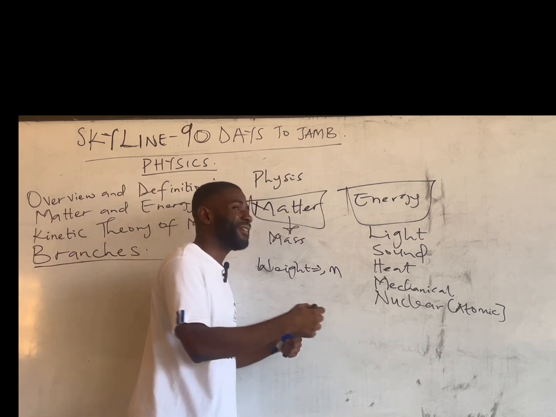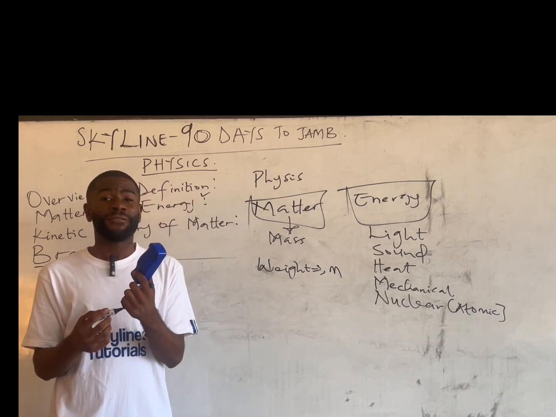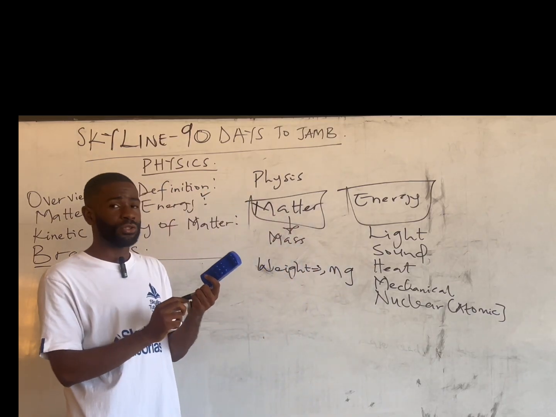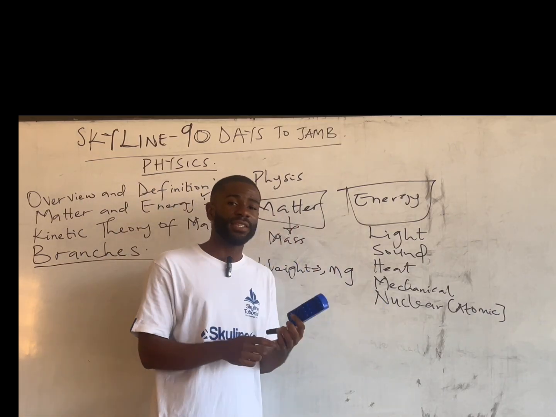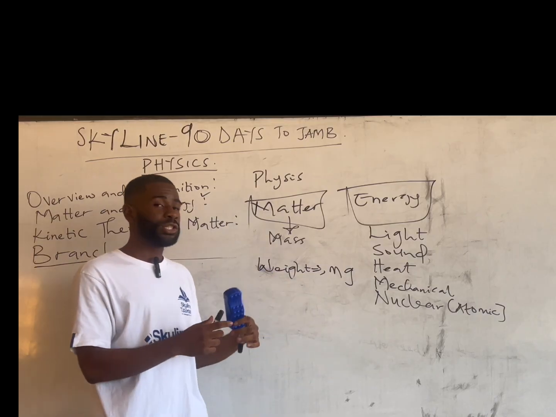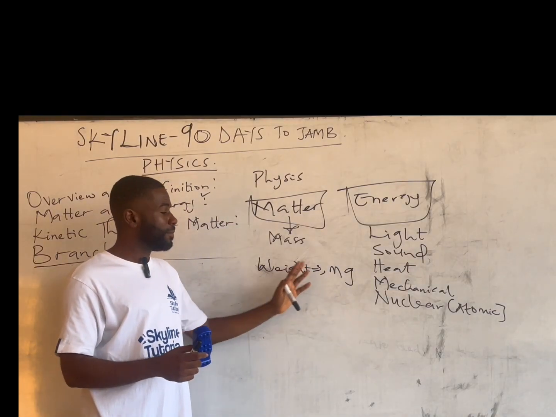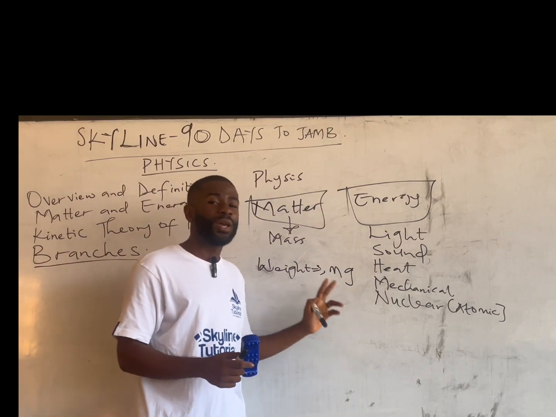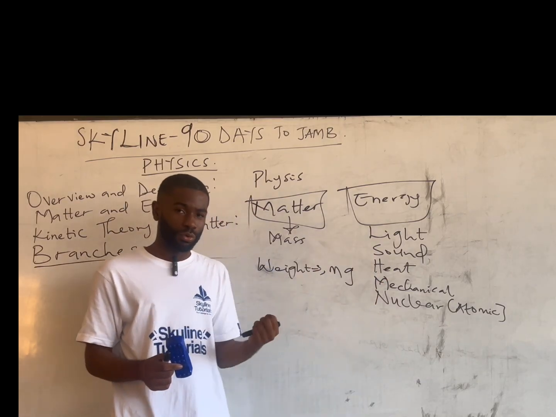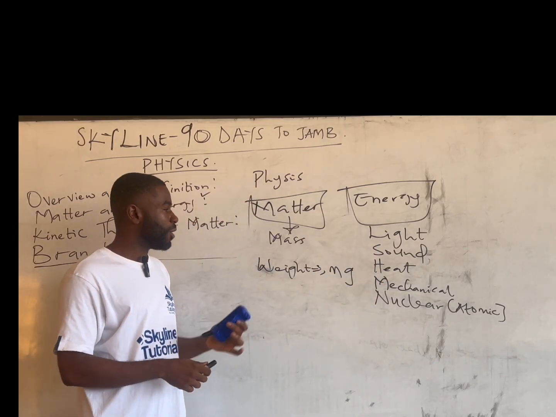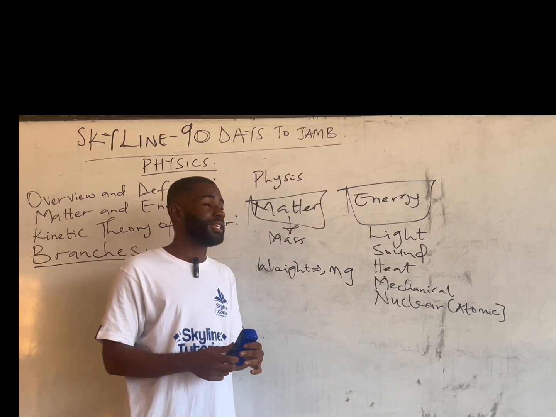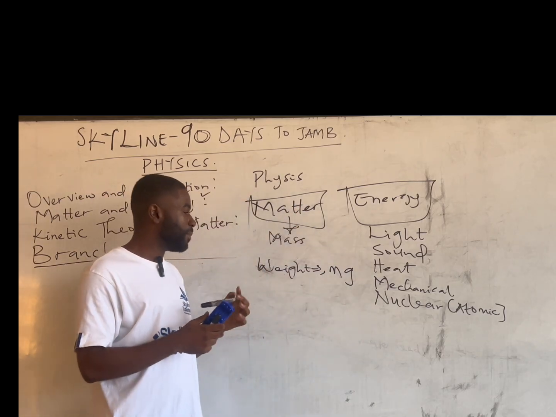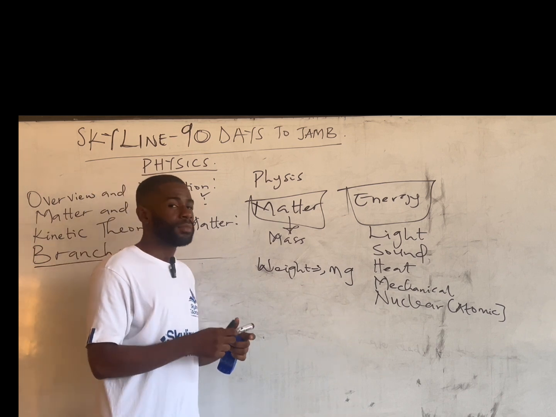Then we have air resistance. But another pivotal factor is gravity. So the mass and gravity of a body is what defines its weight. Like I said, weight is a force of pull. Take note of that. While mass, on the other hand, is the measure of matter contained in a body.